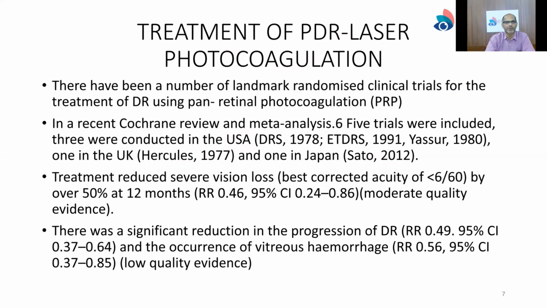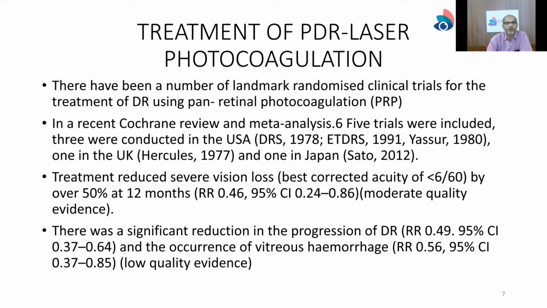The evidence shows that if a person with proliferative diabetic retinopathy is encountered, then we need to treat that person immediately with pan-retinal photocoagulation. There is ample evidence, described in a Cochrane review, from various trials conducted for the effectiveness of pan-retinal photocoagulation, which has conclusively shown that it reduces severe visual loss by 50% at a 12-month period.